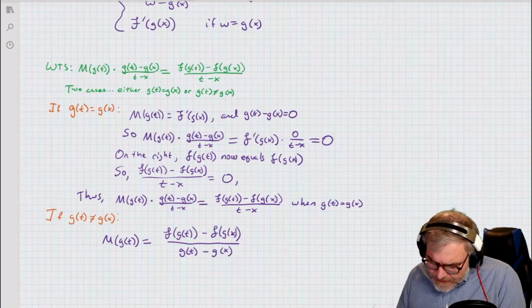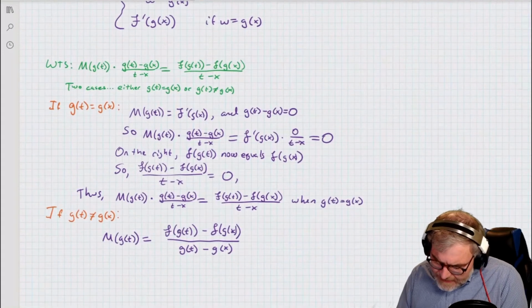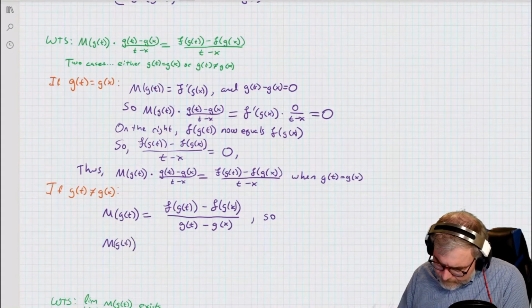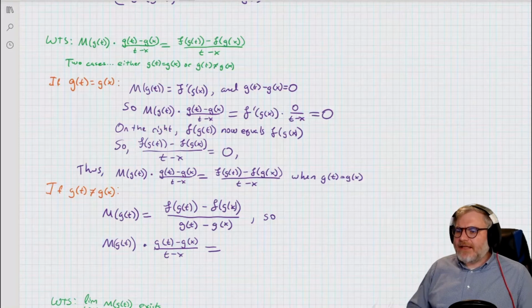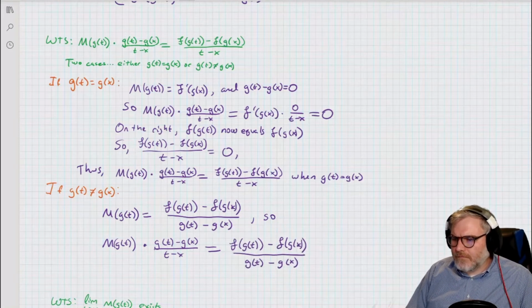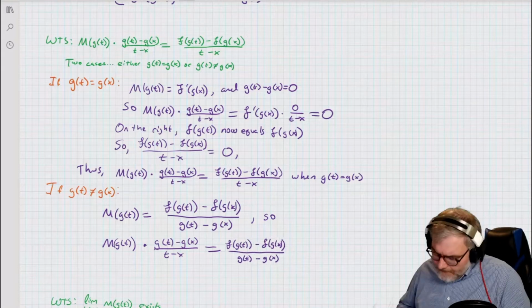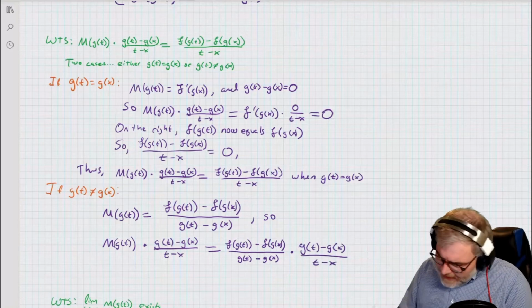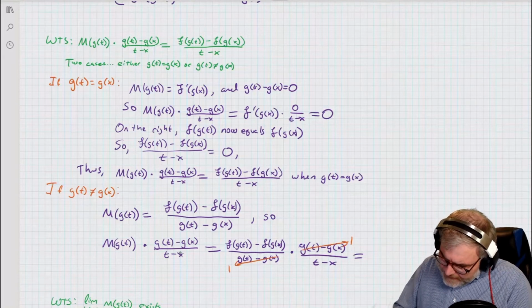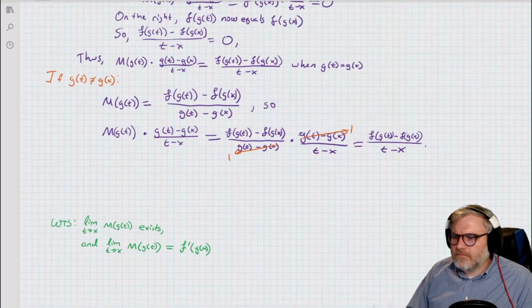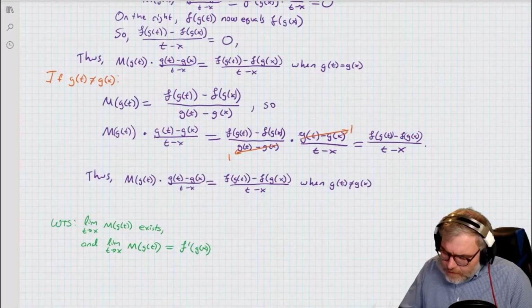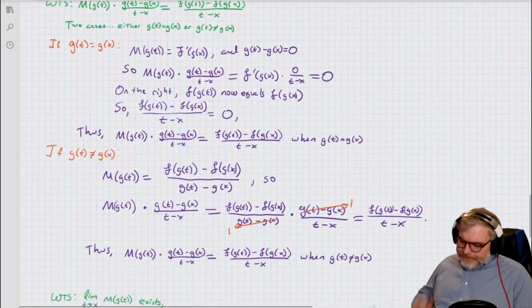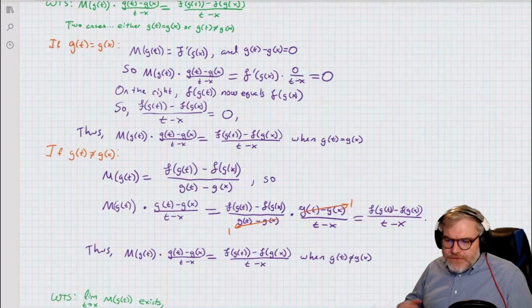That's m of g of t, and now I'm multiplying by this other term. Well, that's fine. These two terms right here are going to cancel. And I'm left with what I want. Either way, I've shown that these two terms are equal. It's true in either case.